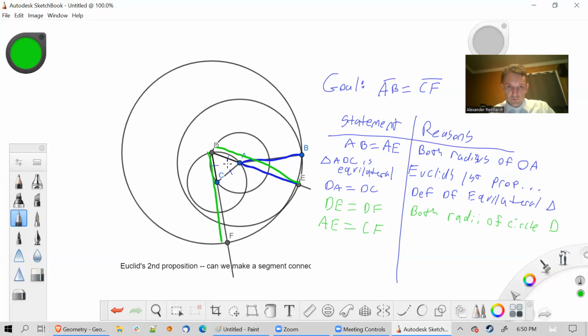So if we removed DA and DC from their respective segments, the remaining segments AE and CF would be the same length. So really we're saying we have two things that are long but equal. We take away an equal small part, the remaining part will be equal. So what we're going to state here for the reason is the subtraction property of equality.